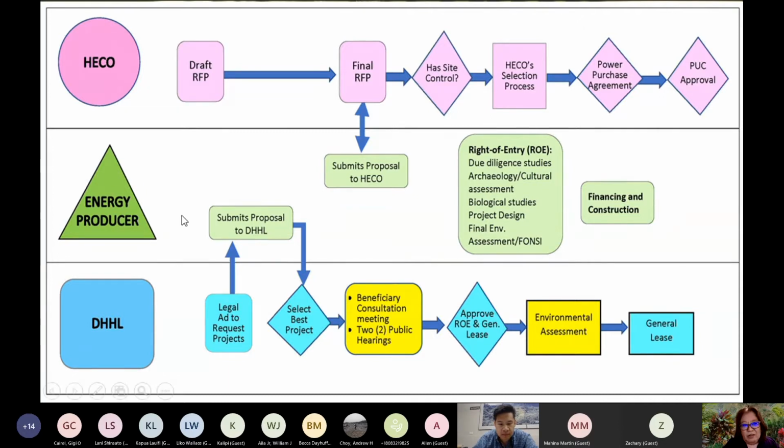The energy producer has their own process that they have to go through. They're trying to submit proposals to us, to HECO. They need to keep themselves involved in the processes for both sides. And they're going to have to do a lot of studies. They're going to have to figure out about the land, the characteristics of the land, and get a lot of permits and approvals.